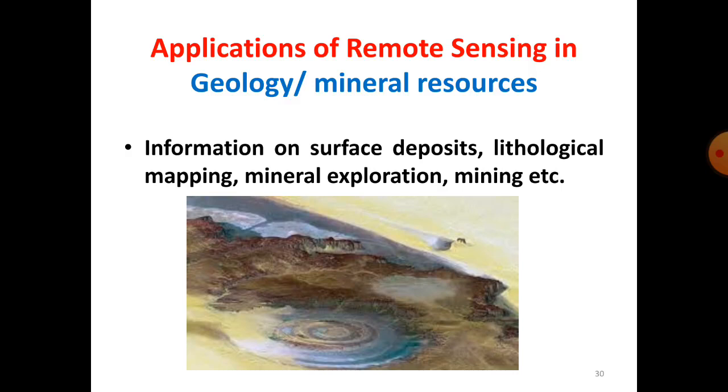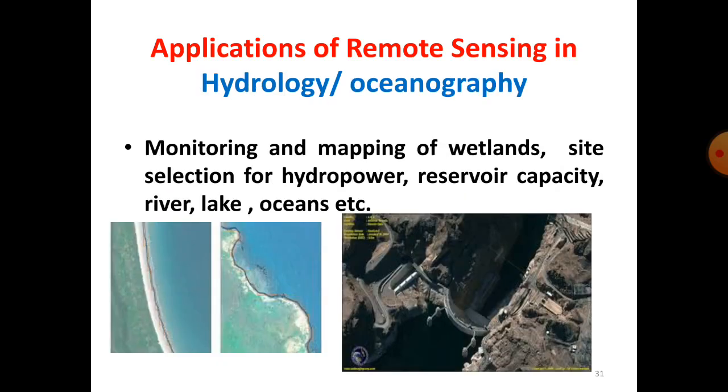Then it also helps in mineral exploration, that is to say, which particular area has a particular type of mineral content in it. That can be mapped by using remote sensing, and thereby helps in the process of mining, that is, extraction of that mineral content.